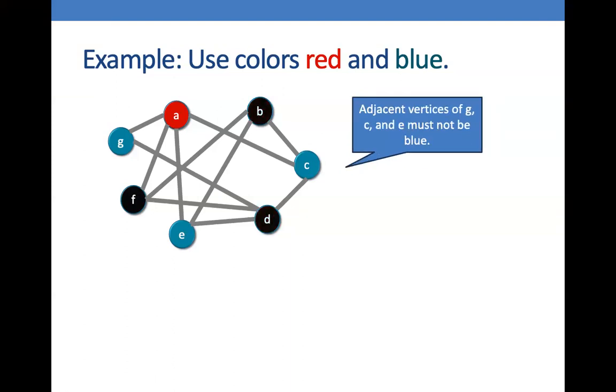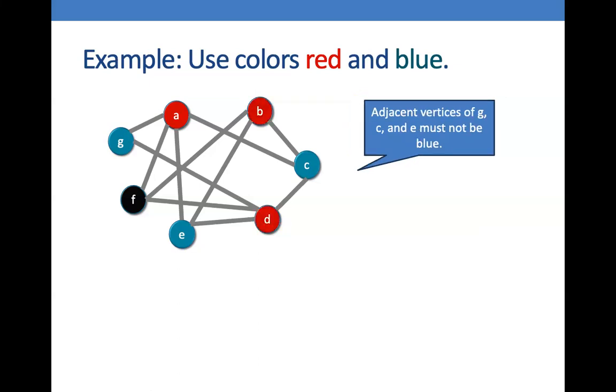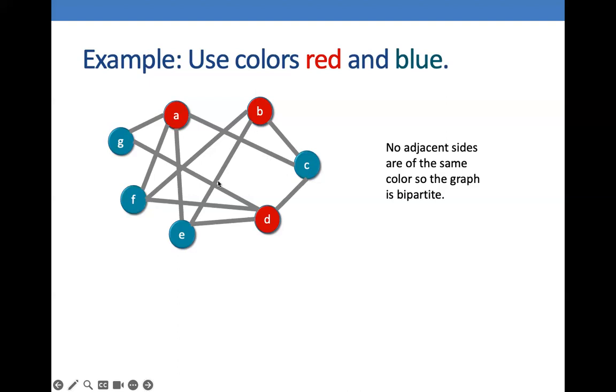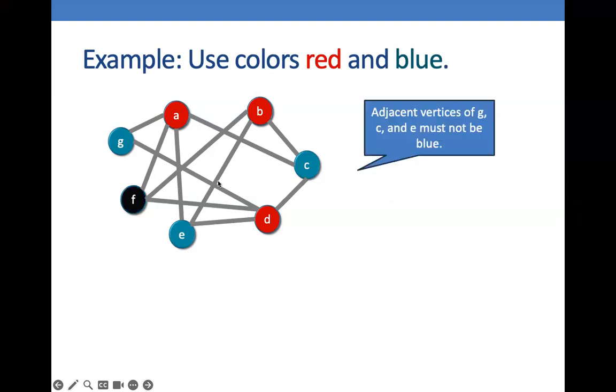So in this case, I just started with E. E is adjacent to A, B, and D. So we colored it red. And if we check here, B is connected to C, E, and F, which is not yet colored. Now, we must ensure that the adjacent vertex of B is also not red.